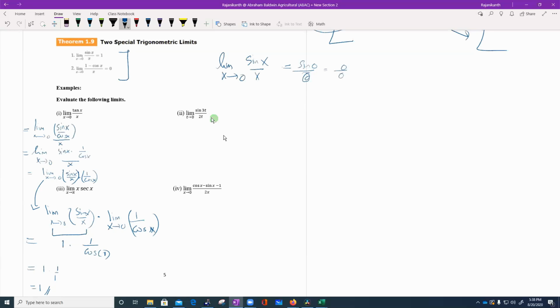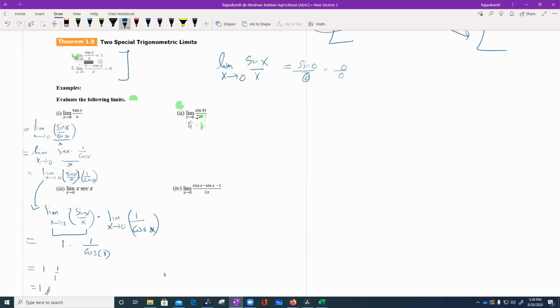Look at the second one. You need to play around a little bit and be a little smart. How do you approach this problem? Number 2: find the limit as t goes to 0 of sine 3t over 2t. If you want to use the previous properties, you have to have the same variable here and there.